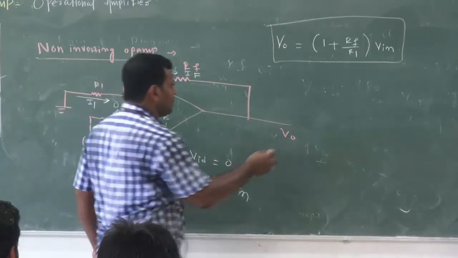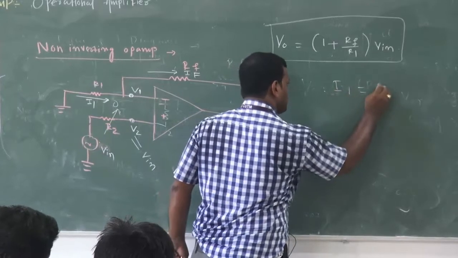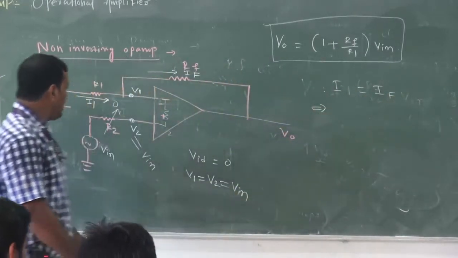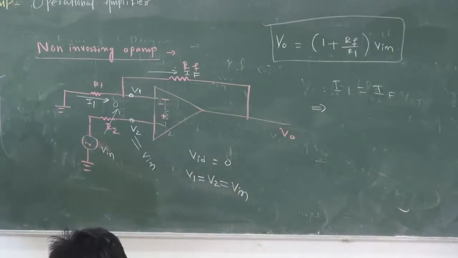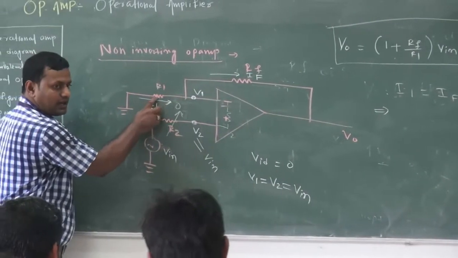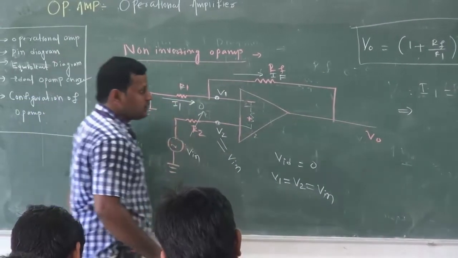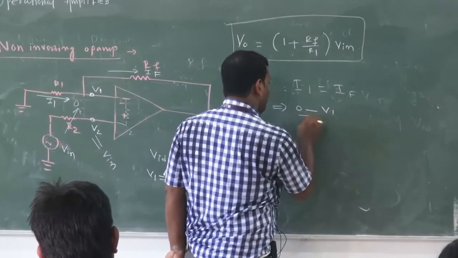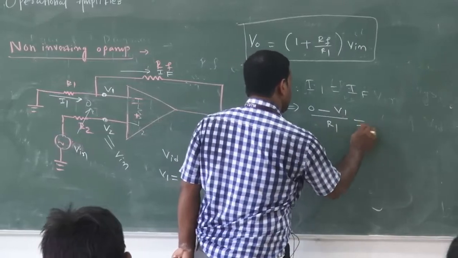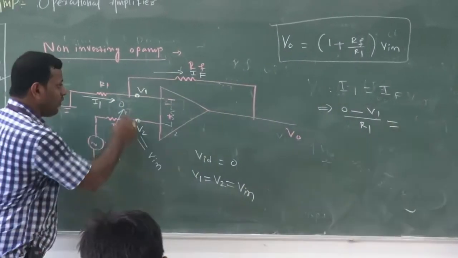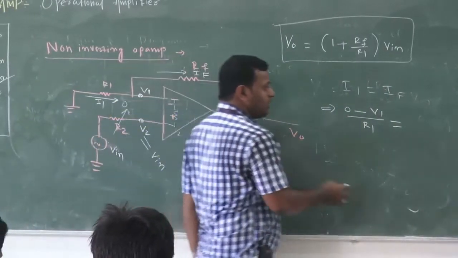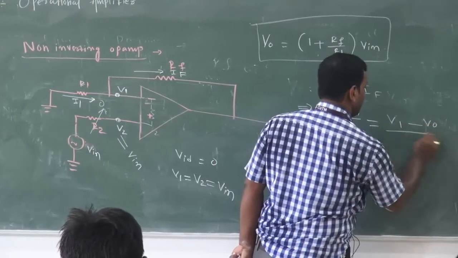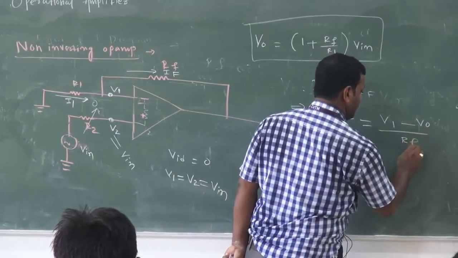Otherwise, I am doing it here. I1 must be equal to IF. What is I1? It is 0 minus V1 by R1. So 0 minus V1 by R1 is equal to IF, which is V1 minus V0 by RF.